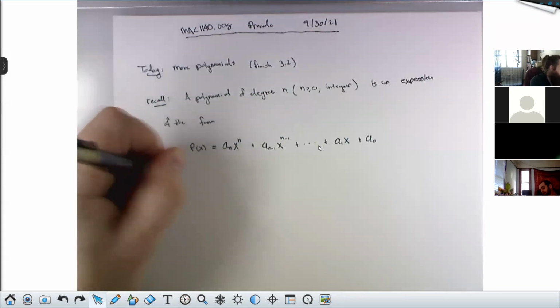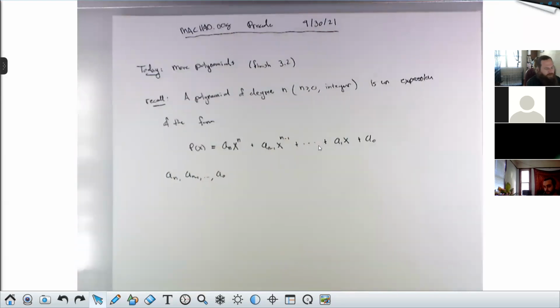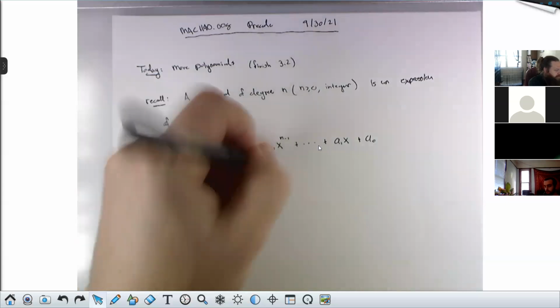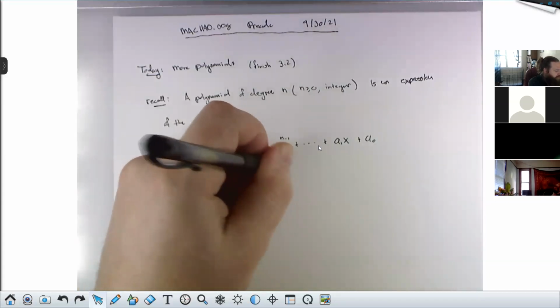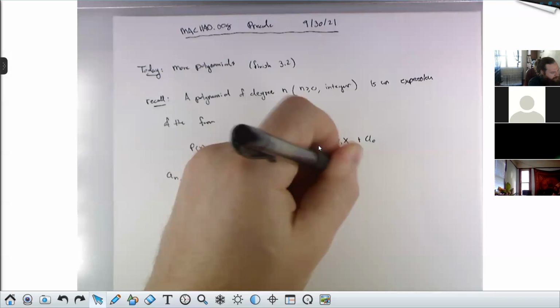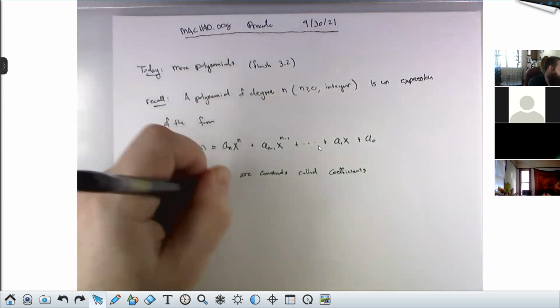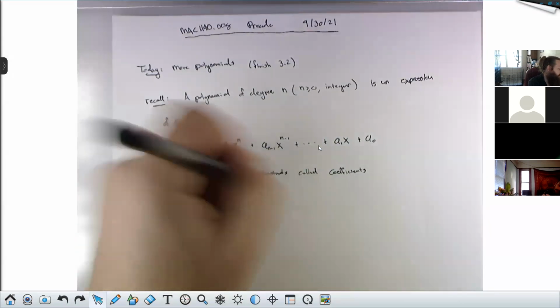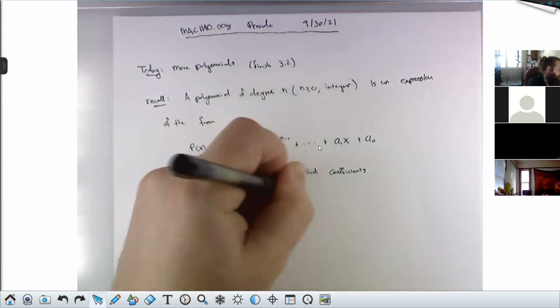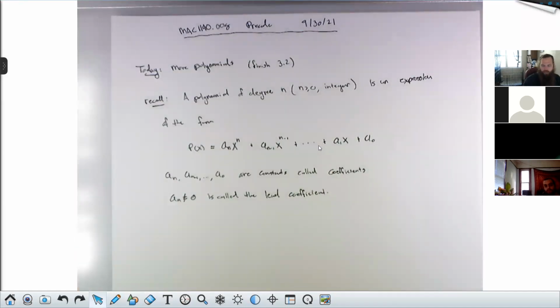The a_(n-1), all those a's are constants, called coefficients. a_n itself, which should not be 0, is called the lead coefficient. All right, so I just wanted to remind you the definitions and the sort of basic bits of terminology surrounding polynomials.